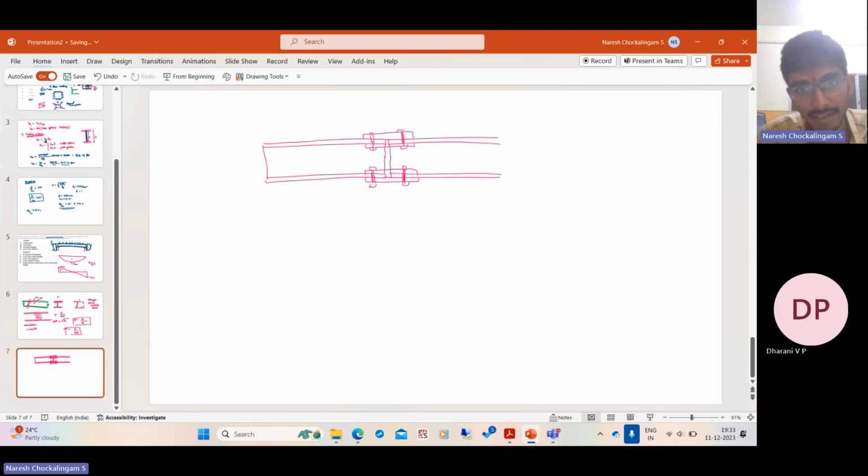So what happens? The force in the flanges, say, this is under compression, and this is under tension. The force in the flanges is transferred to the other part by these two plates. So we have put these cover plates, which are called the flange splices. These flange splices will transfer the force.